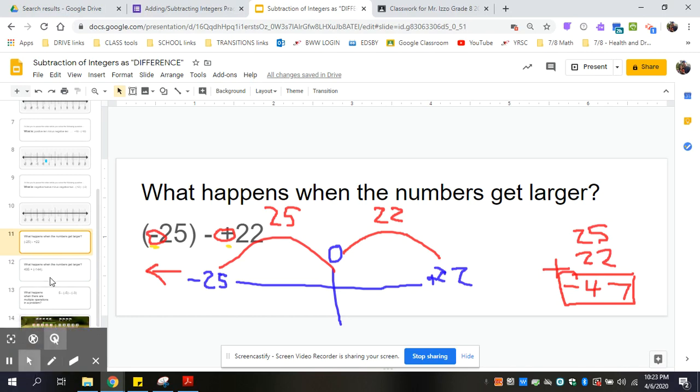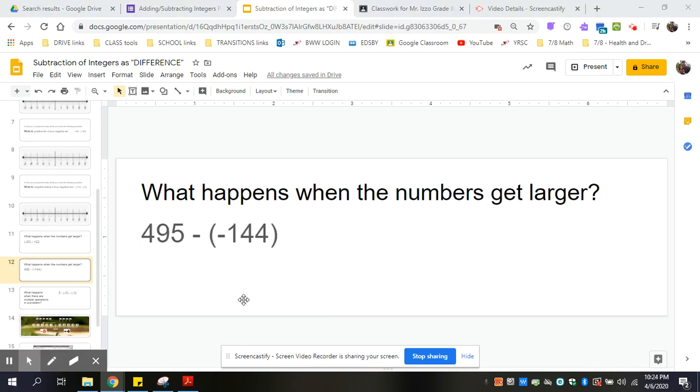Let's look at the next question. I've got positive 495 and I'm subtracting negative 144. So the 495 is way above zero. And then we've got a subtraction of negative 144, which is quite far away from zero as well. And we'll put the zero probably around here. What's it going to take to get from negative 144 to zero? It's going to take 144. And then it's obviously going to take 495 to get to 495.